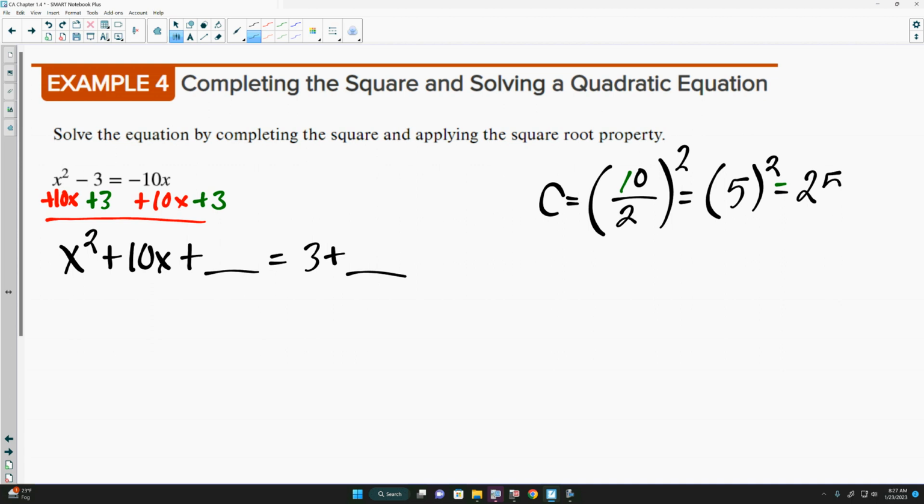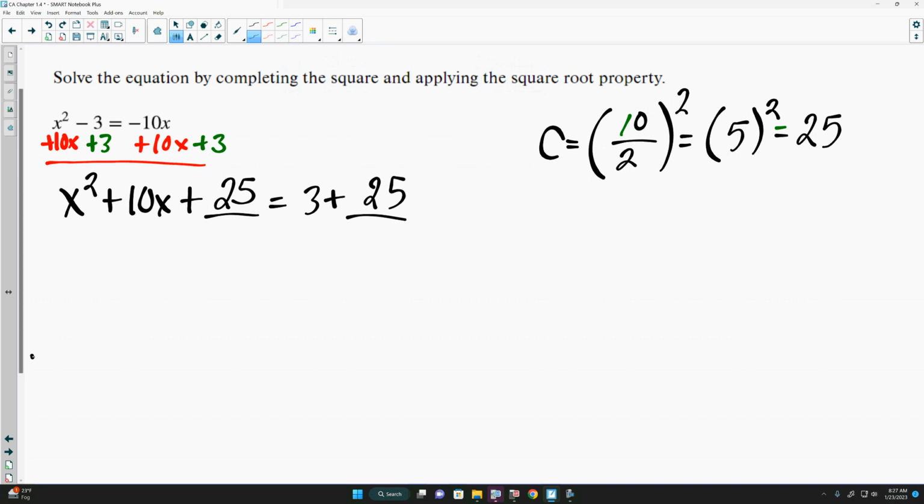And 5 squared is 25. So for this problem, we're adding 25 to both sides. Now 25 plus 3 is 28. The number inside the parentheses before we squared it was positive 5. So x squared plus 10x plus 25 will actually factor to x plus 5 squared.